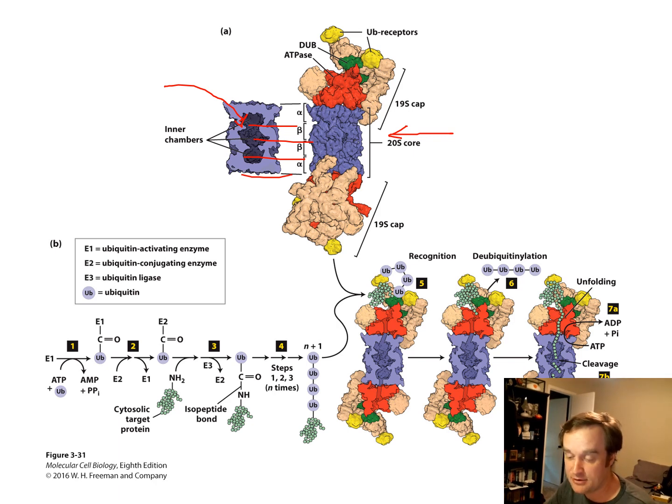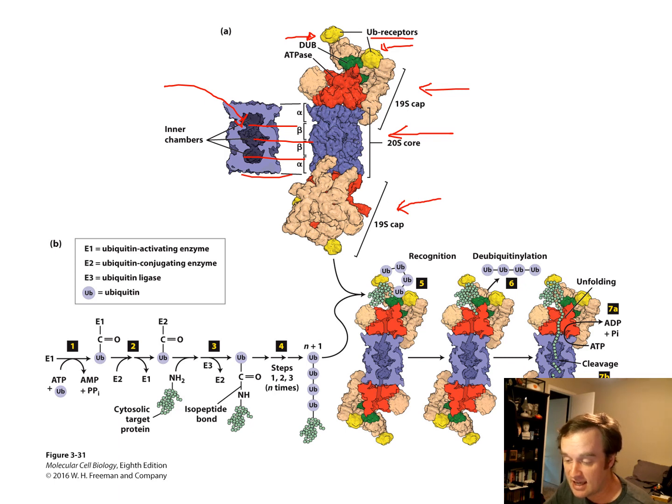On either side of this chamber, we have 2 19S caps, which are comprised of 19 subunits, where the 19S comes from. There are 2 ubiquitin receptors that sense the ubiquitin on the targeted protein that is to be broken down.